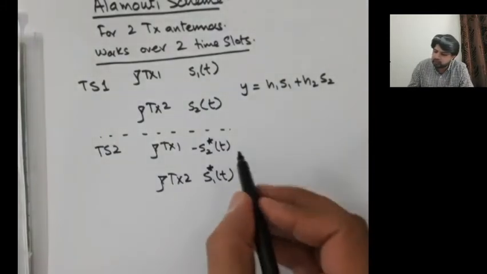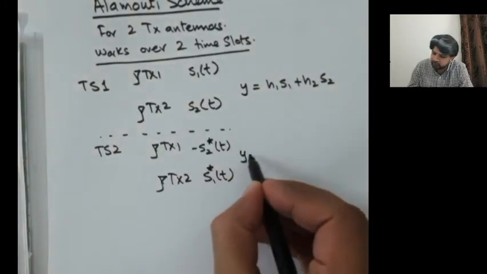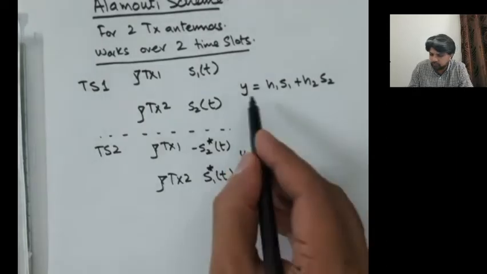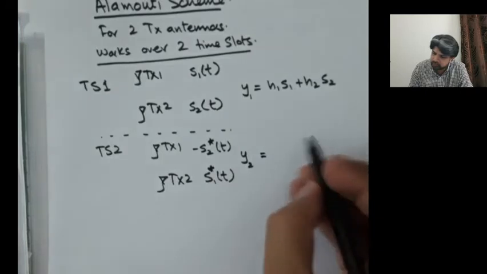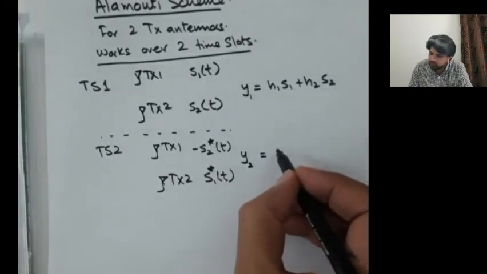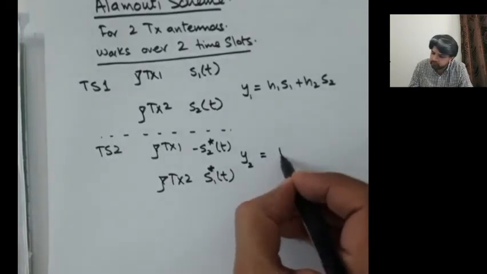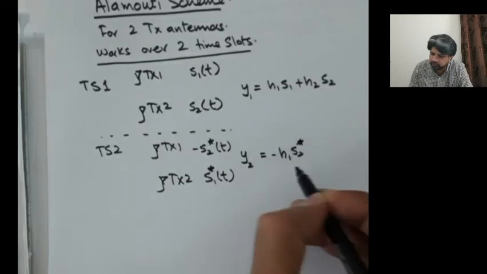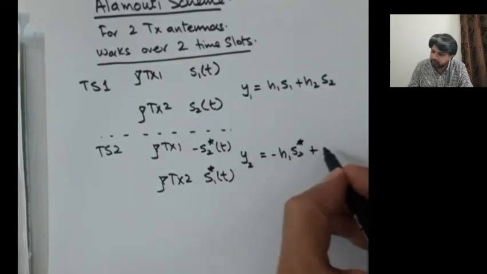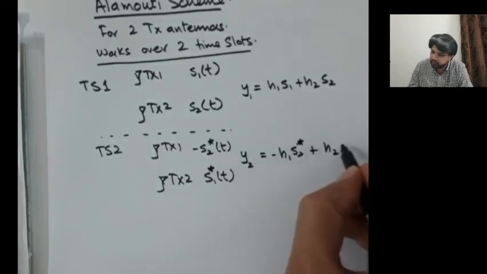And in time slot 2, you receive y2, which would be equal to minus h1 times s2 conjugate plus h2 times s1 conjugate.